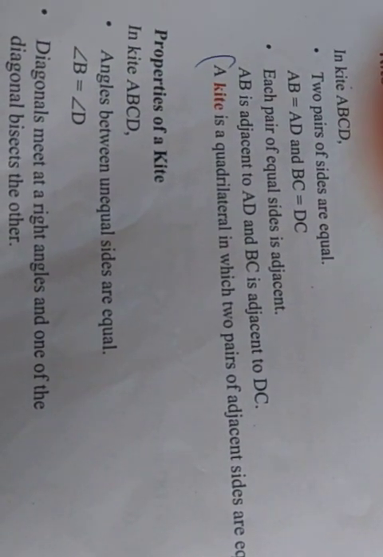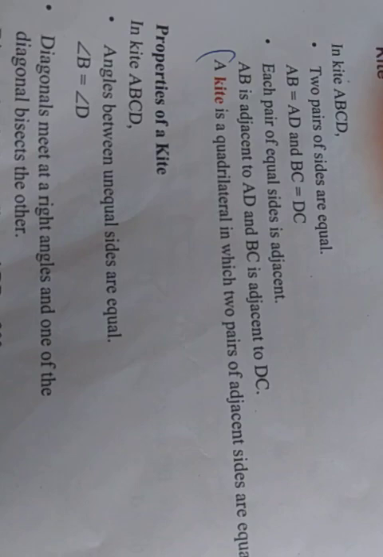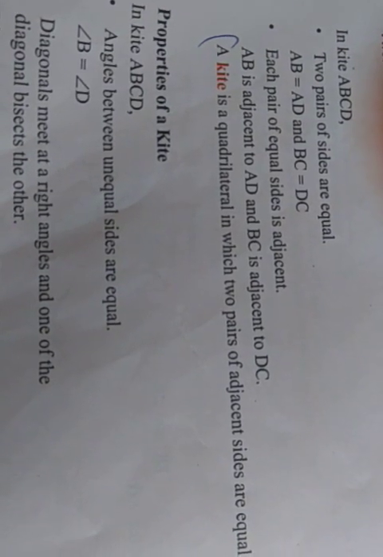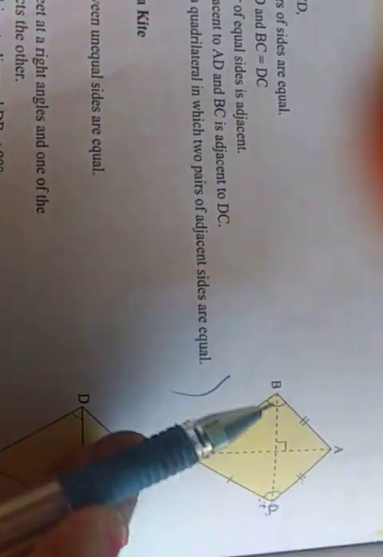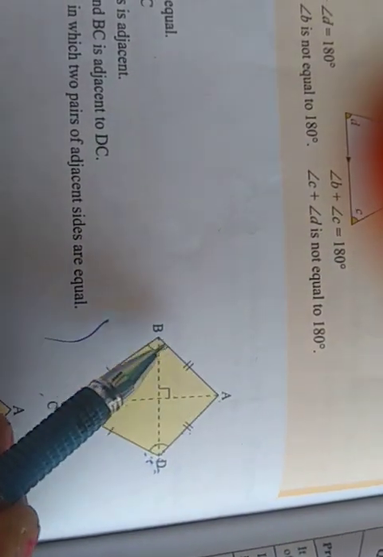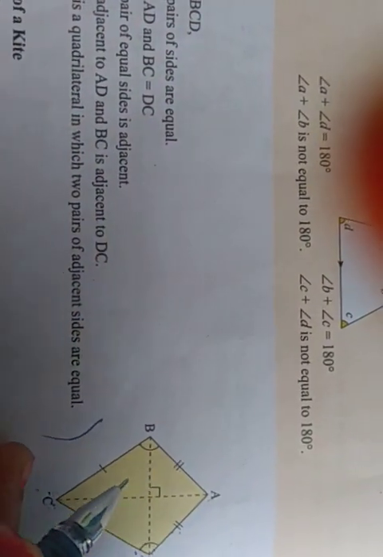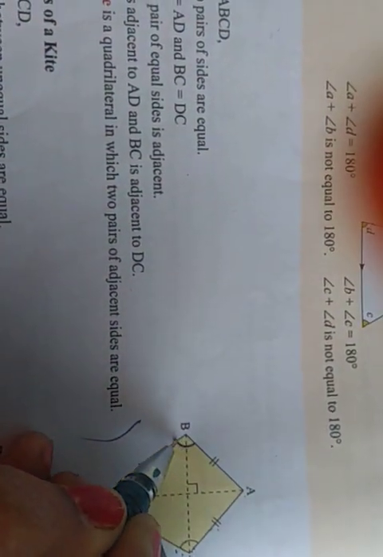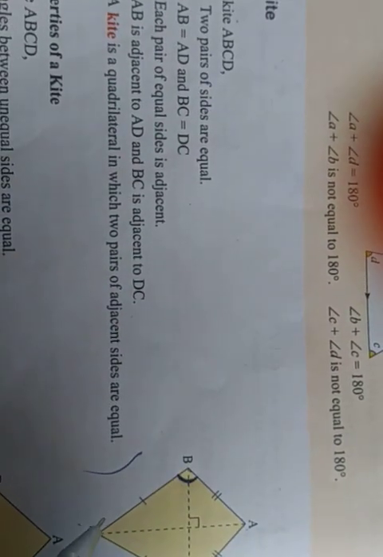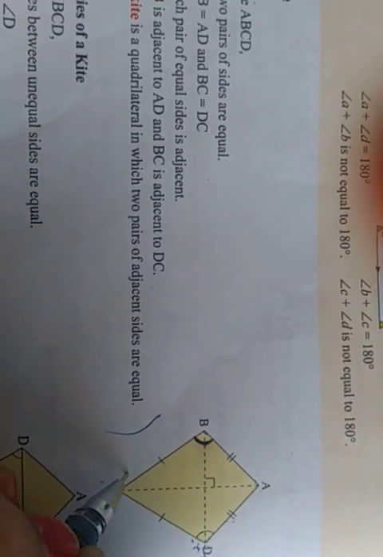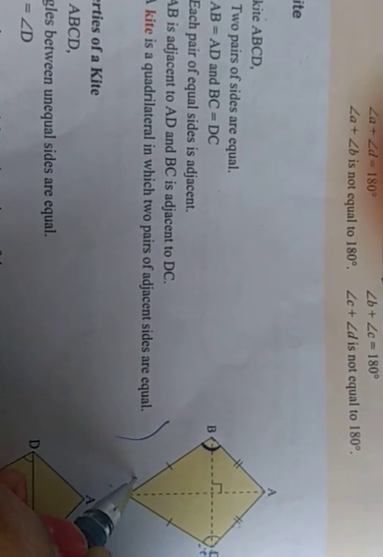Properties of a kite. In kite ABCD, angles between unequal sides are equal. Here AB and BC are unequal sides, and this angle B is the angle between the two unequal sides.